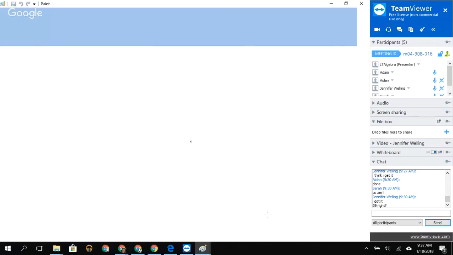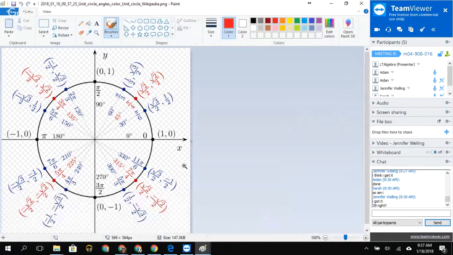Okay, so you'll remember that the cosine value, if we draw our coordinates here, this is our x and our y. If you think about cosine, cosine represents the adjacent side over the hypotenuse.